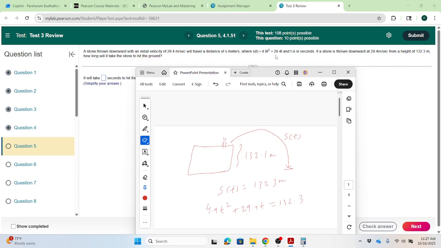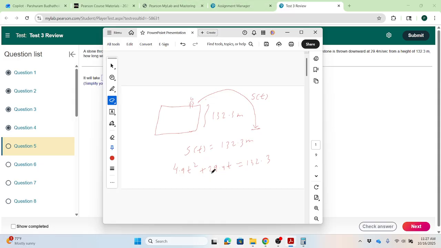So we need to solve this quadratic equation. Because there is one decimal here, we can multiply both sides by 10 to make these integers. So 49t squared plus 294t equals 1323. We need to solve this equation.